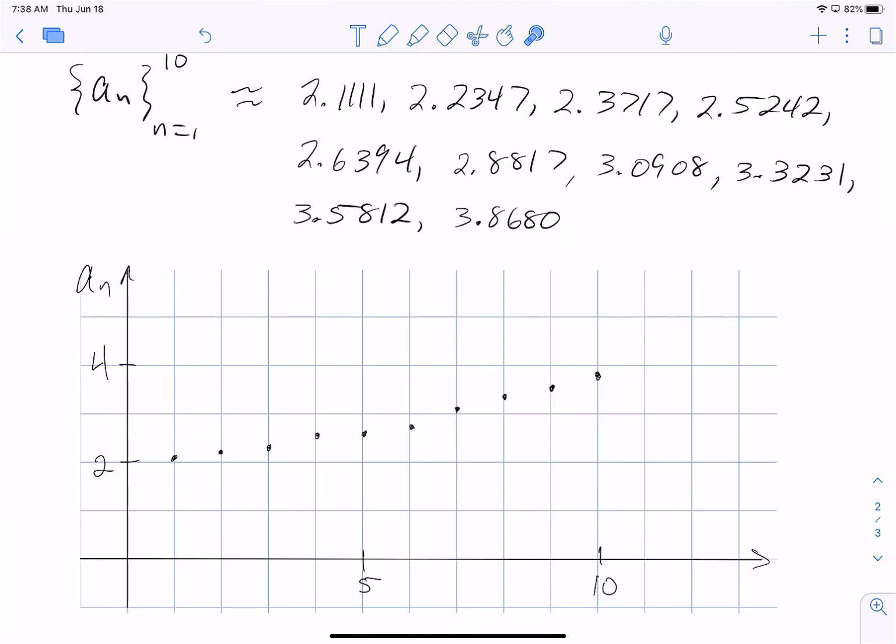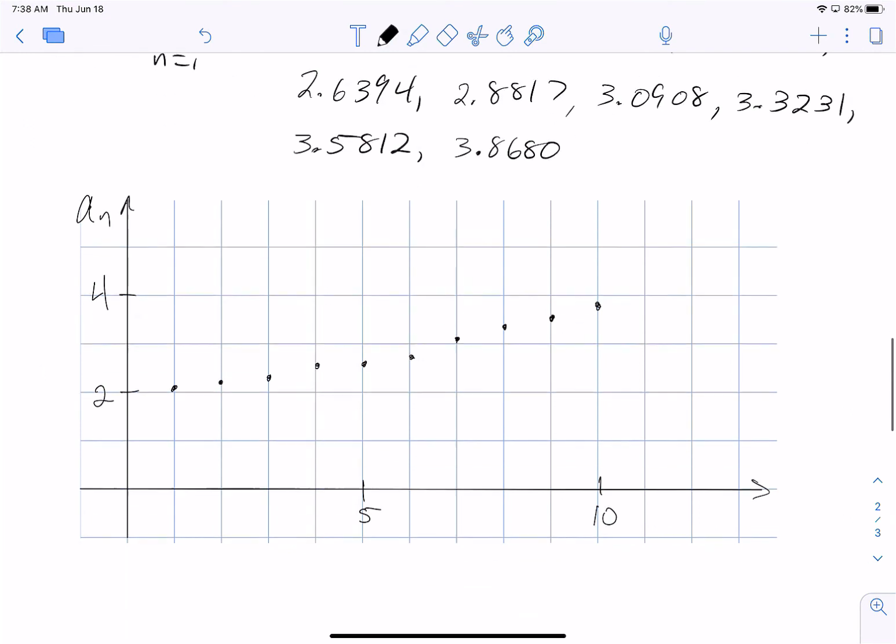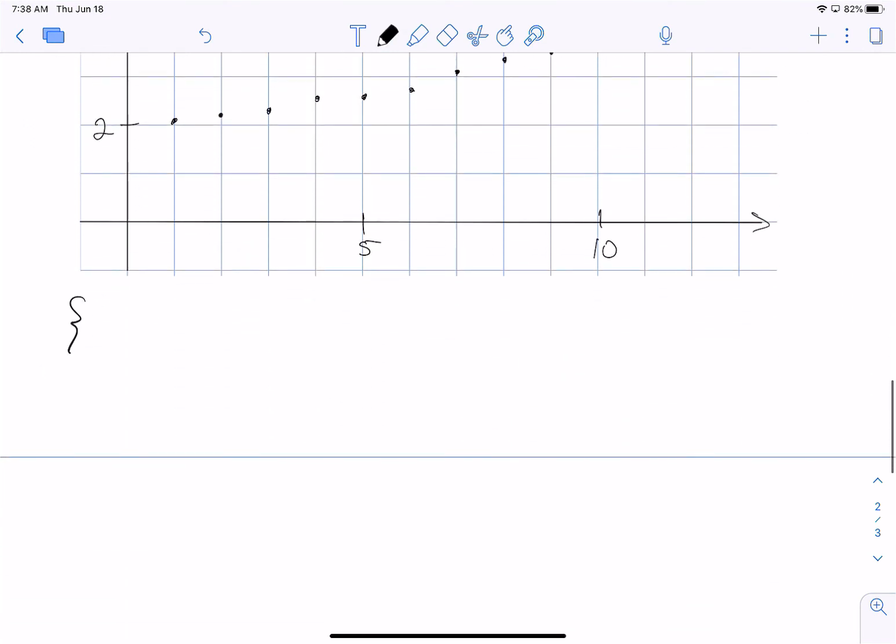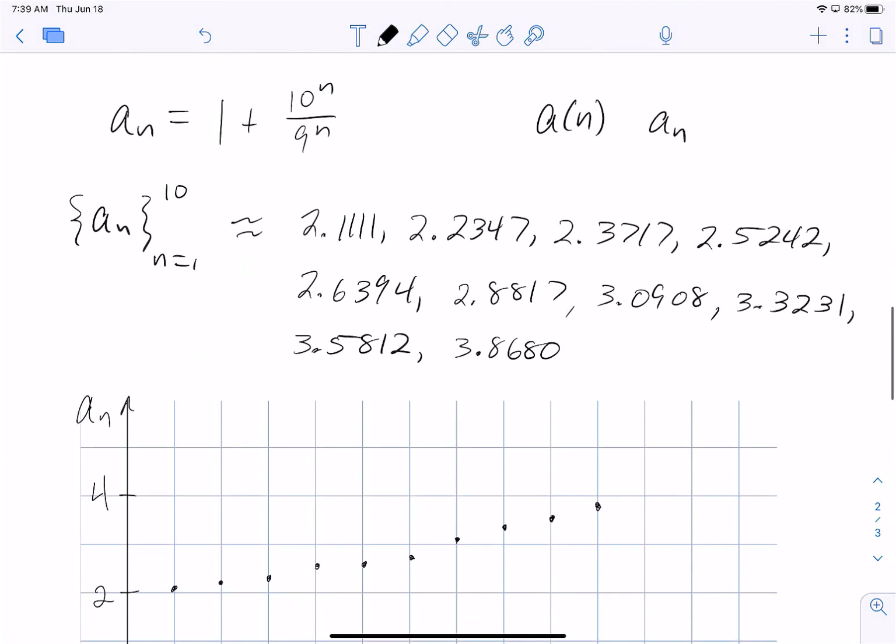Here I have the 10 values plotted, and it looks like there's just a general upward trend. So the question we're answering is, does it look like this is trying to become any number in particular? And I'd say the answer is no. So I'll say that the sequence curly brace a sub n does not appear to have a limit. And the reason for that is really the ratio here, 10 to the n over 9 to the n.